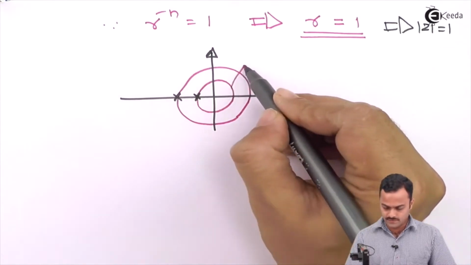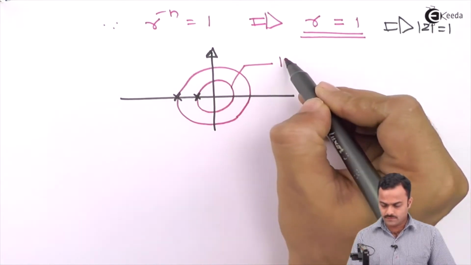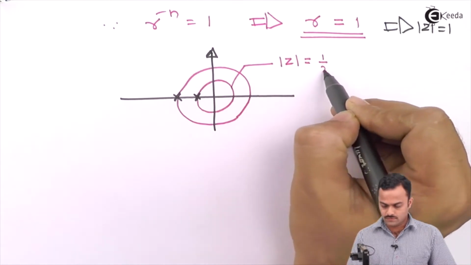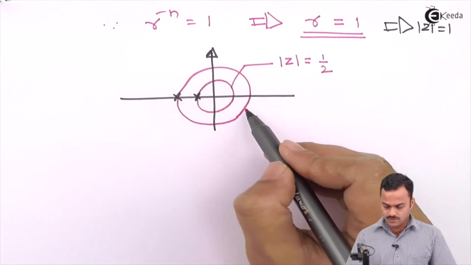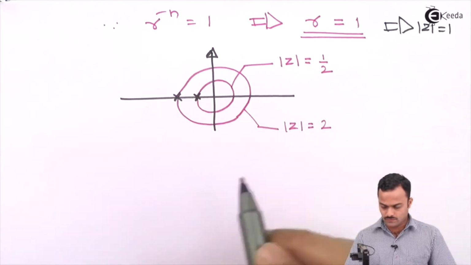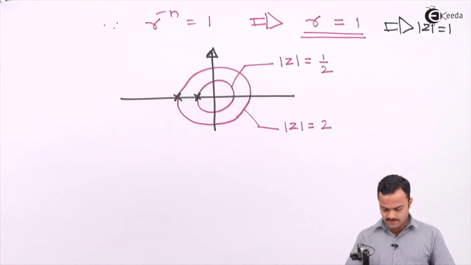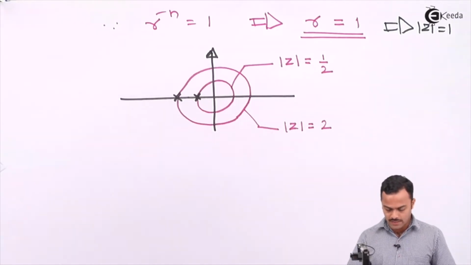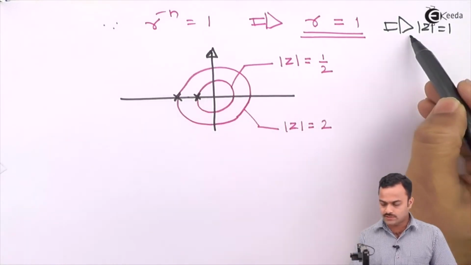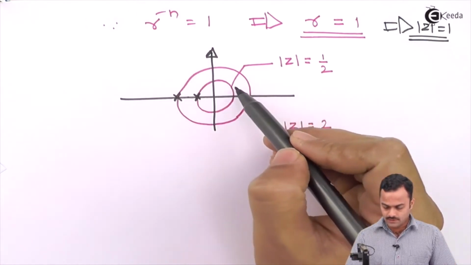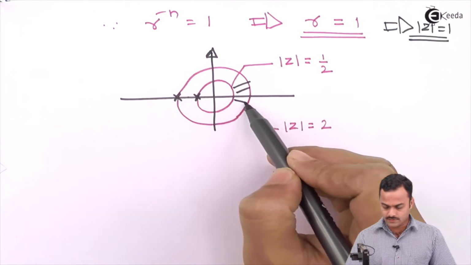Let's have this with radius mod z equal to 1 by 2, and this with mod z equal to 2. So somewhere here I will have mod z equal to 1. So I need to make sure that my ROC includes this unit circle. So for that to happen, ROC must be like this.